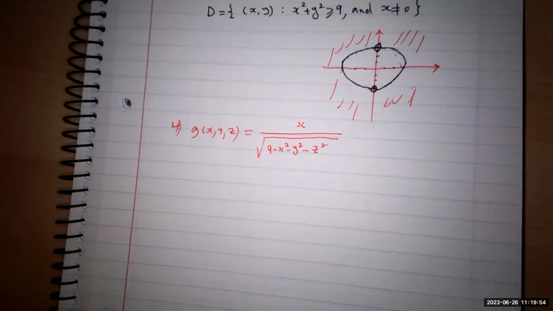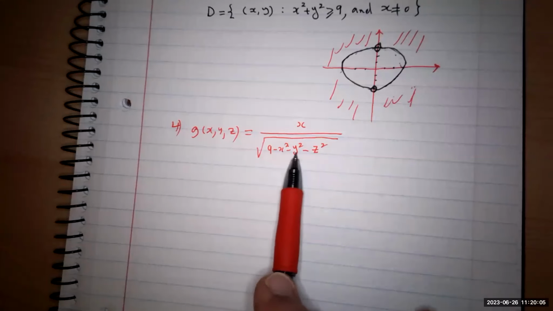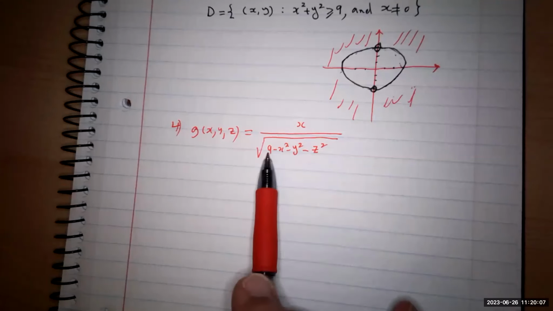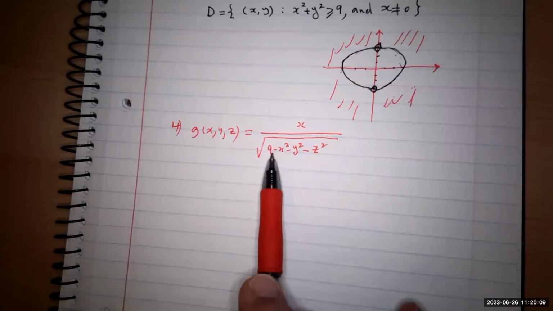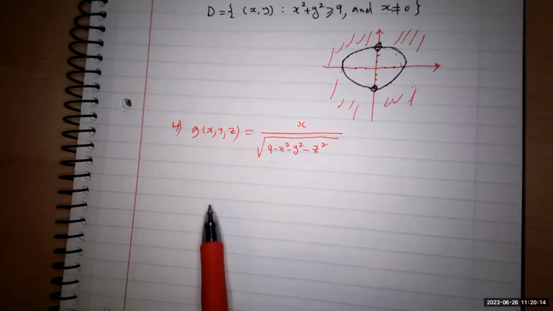Again, it's a rational function. You have to focus on the denominator. But the denominator happens to be the square root function. So we have to focus on the fact that the inside cannot be negative. The inside must be positive and cannot be 0, so you don't have the equality sign because the denominator would be 0.